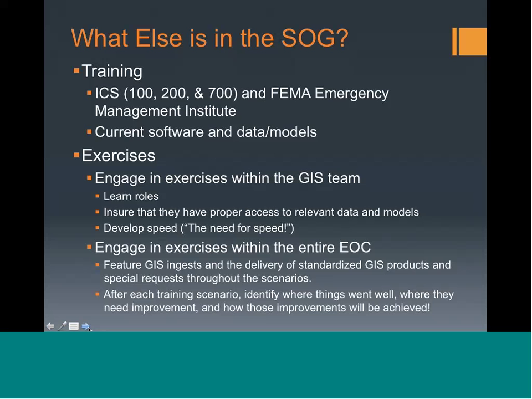Exercises can't be stressed enough. It's suggested you start out with the GIS team. If you have a standard set of products you're going to produce in a shift, just go through that. Learn the roles of the people on the team, ensure you have the proper access to data and models, and develop the ability to deliver the products on time.